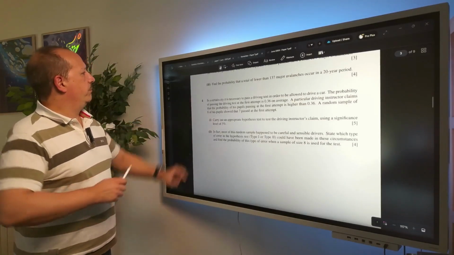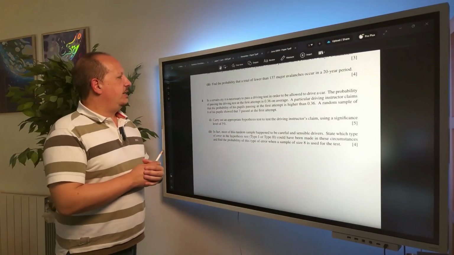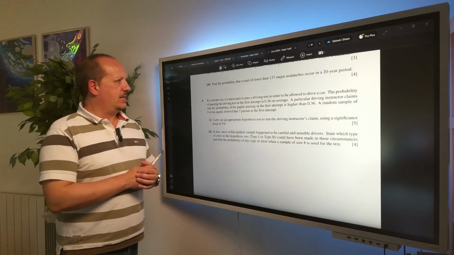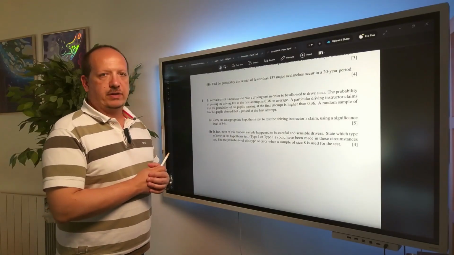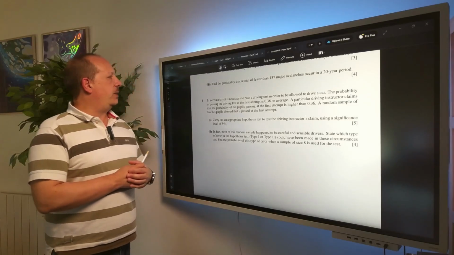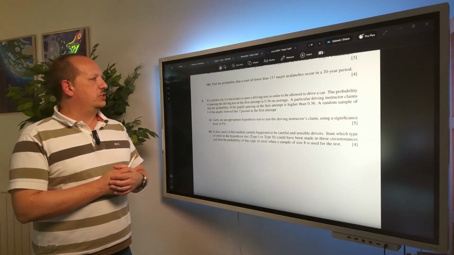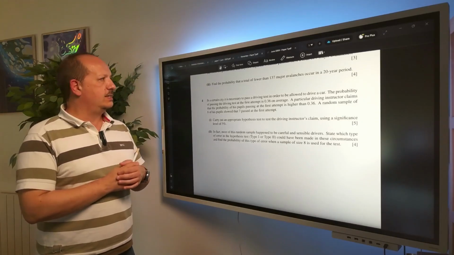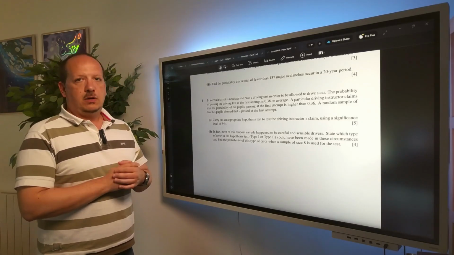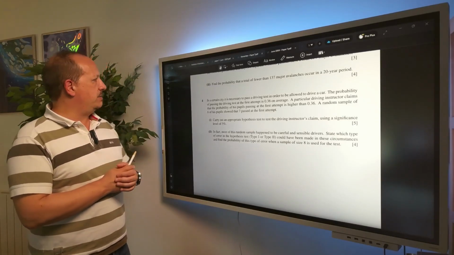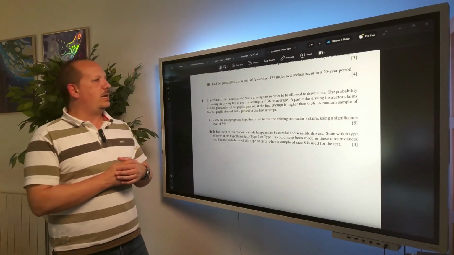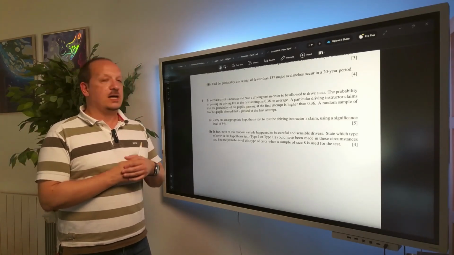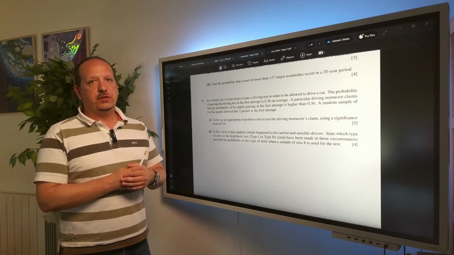It's question 4. In a certain city, it is necessary to pass a driving test in order to be allowed to drive a car. The probability of passing the driving test at the first attempt is 0.36 on average. A particular driving instructor claims that the probability of his pupils passing at the first attempt is higher than 0.36.